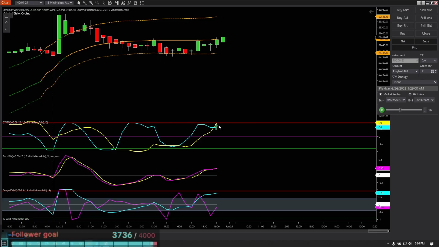From the open to the close today, this is going to be a little bit of a longer session. We'll walk through several trade setups on this 15-minute chart, and we'll use PureMO to identify the clean momentum moves and show you exactly how to follow through.